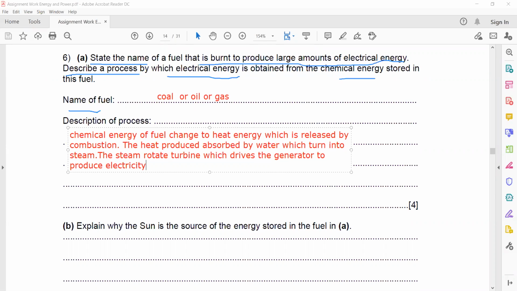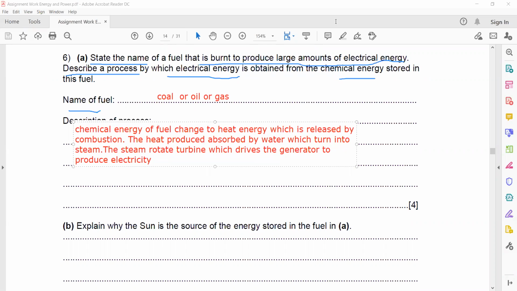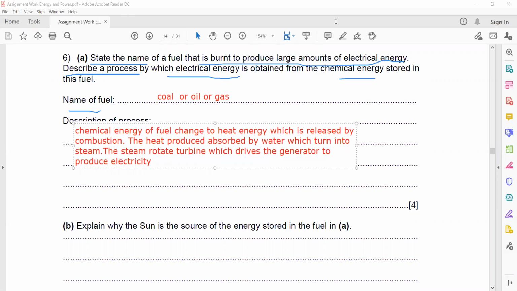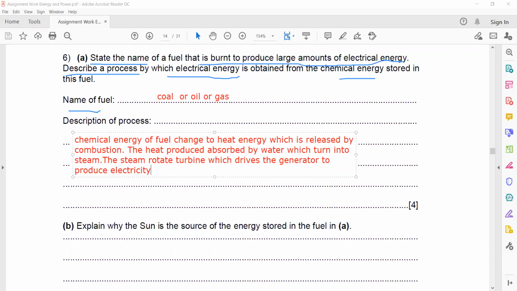The sun is an energy source for plants and living organisms as they grow. But when these plants or animals die or decay, they are compressed to form these fossil fuels. That's why the sun is a source of energy, because most of these fossil fuels are the remains of plants and animals.